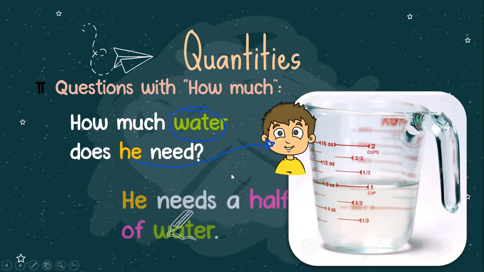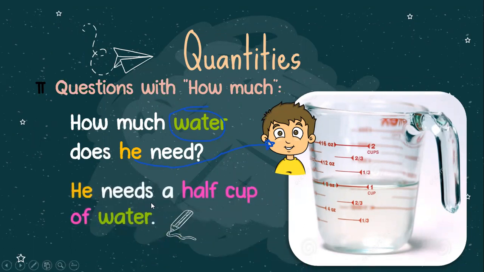The answer is he needs a half cup of water. Now you can see in the answer that we use the expression half cup of water. And we are giving information about quantities.